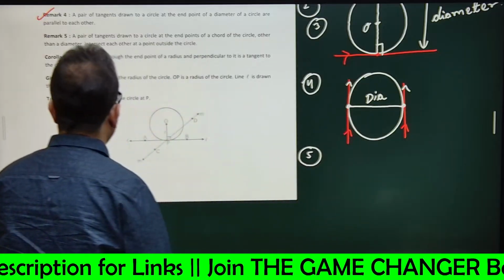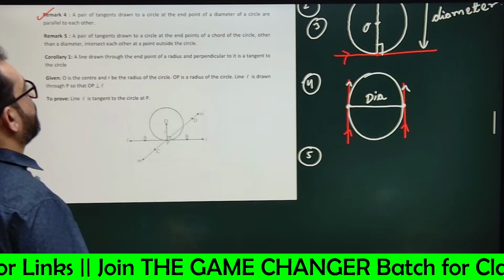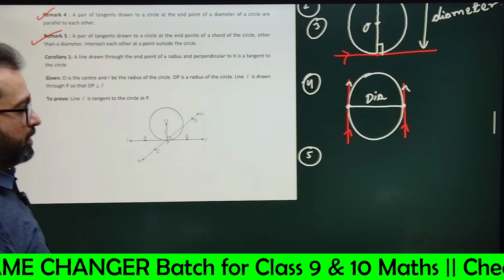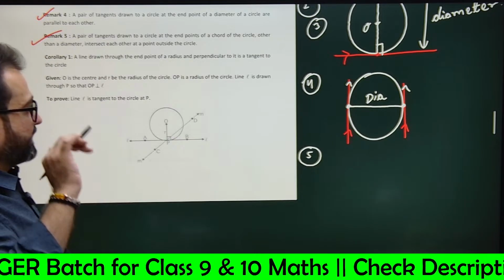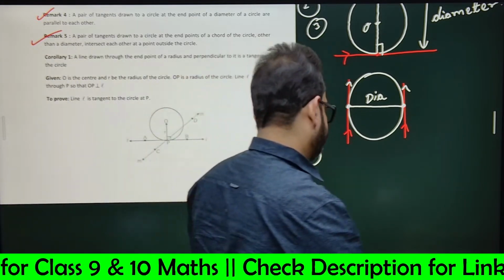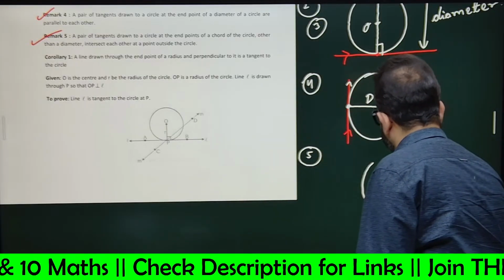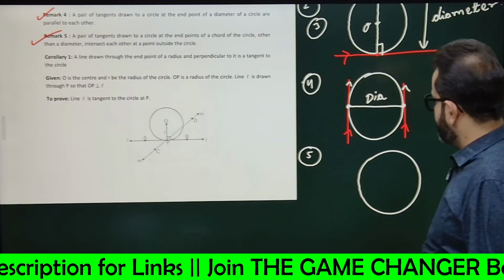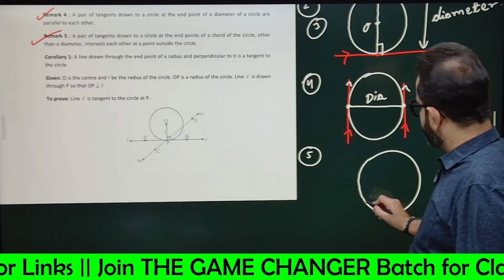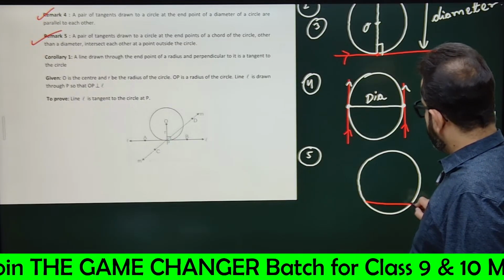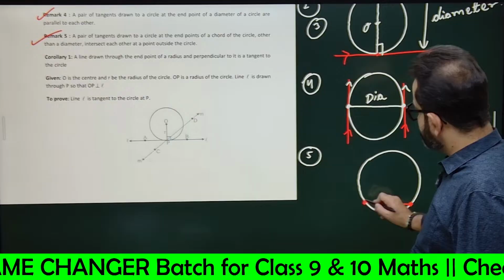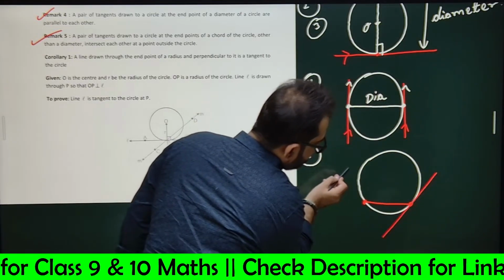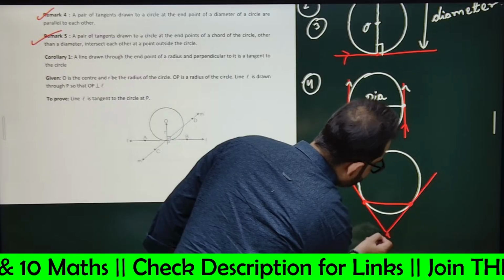A pair of tangents drawn to a circle at the endpoints of a chord other than the diameter will intersect outside the circle. What does it say? If this is a circle and this is a chord, and you draw tangents at these two points, let's say one tangent is this, the other tangent will come intersecting this tangent at this point.